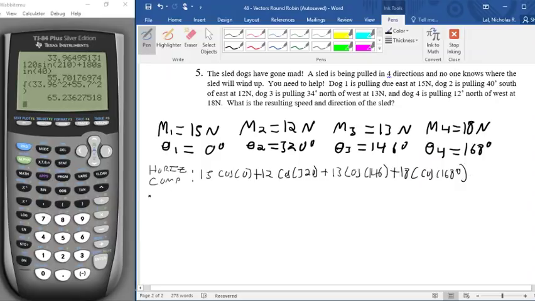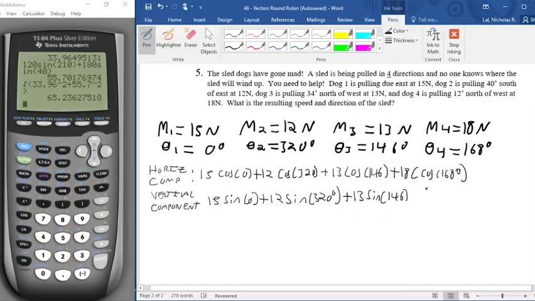And our vertical component is going to be equal to 15 times the sine of 0 degrees plus 12 times the sine of 320 degrees plus 13 times the sine of 146 degrees plus 18 times the sine of 168 degrees.